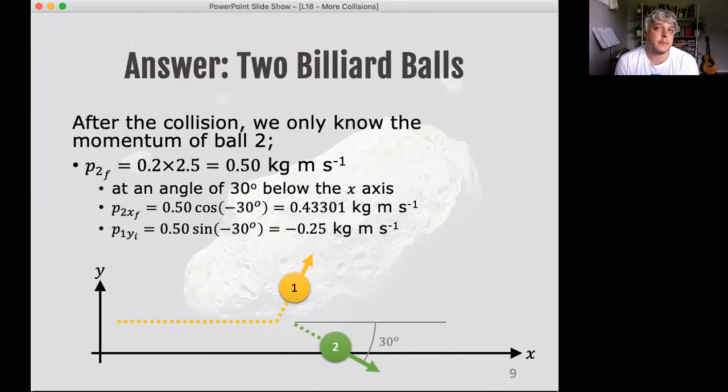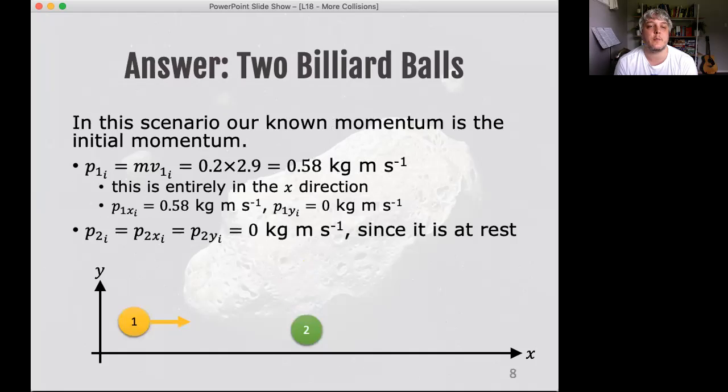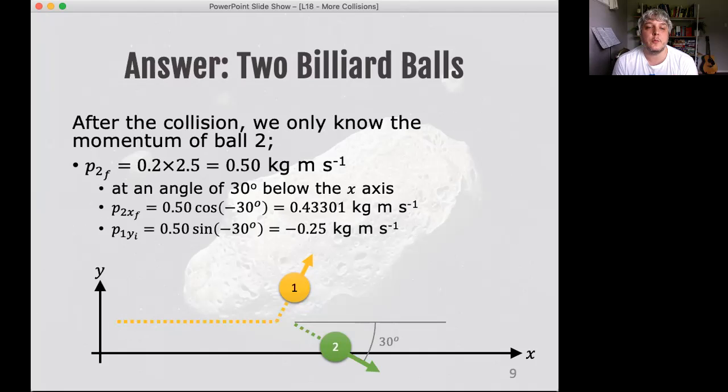We know the initial momentum was just, I'm going to go back one slide, 0.58 kilogram meters per second in the x direction and nothing in the y direction. Ball 2, we've now figured out, has some x component and some y component. So what we need to do is figure out what momentum ball 1 must have in order to keep that total momentum the same.